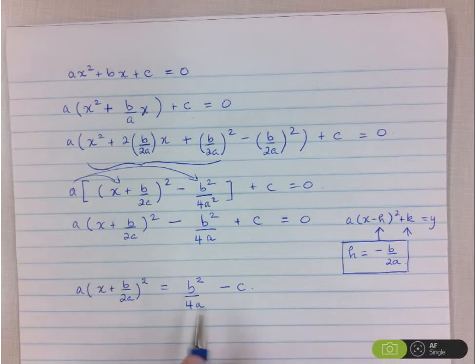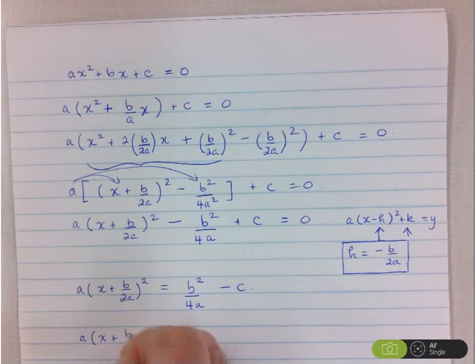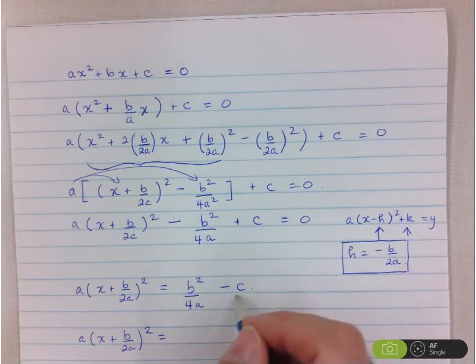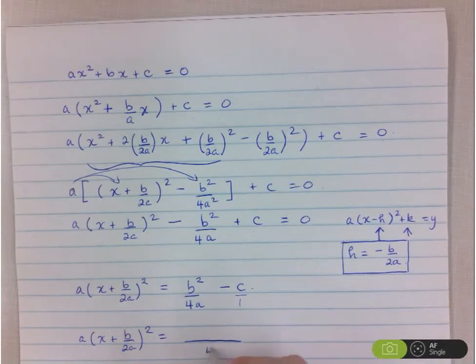Now while we're at it, we might as well try to simplify this here a little. So I'm not going to touch this side yet. Okay. This is where we have to remember how we add and subtract fractions, because essentially we've got a fraction here. This can be thought of as c over 1, and the way we subtract fractions is to work with a common denominator. So here our common denominator is going to have to be 4a.